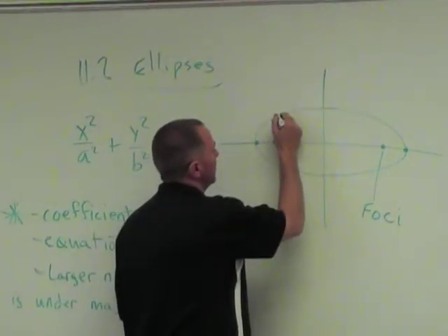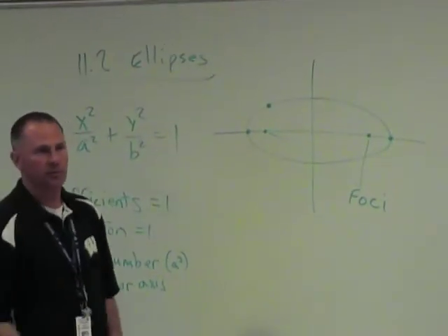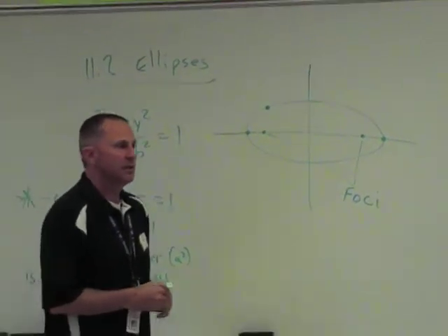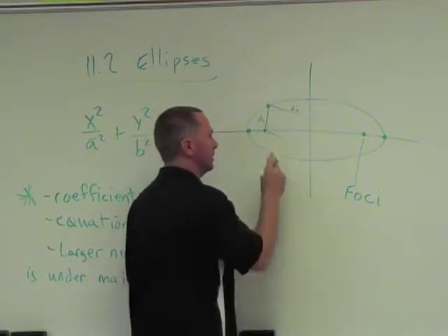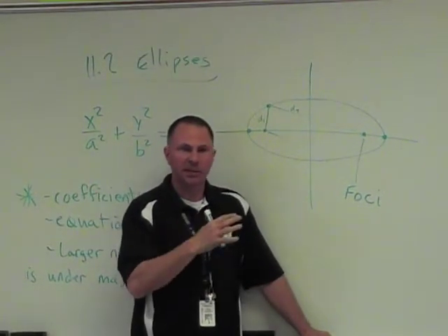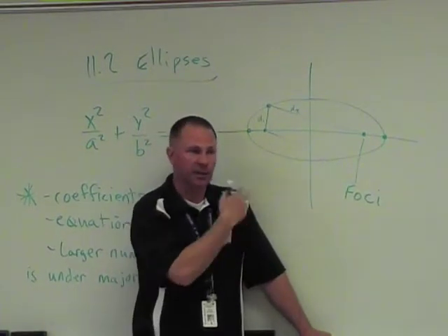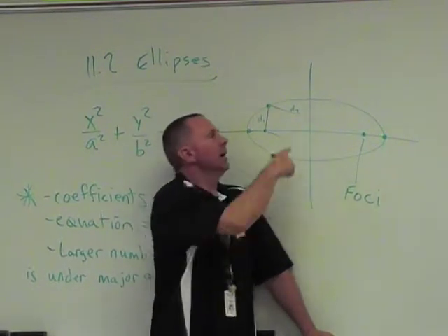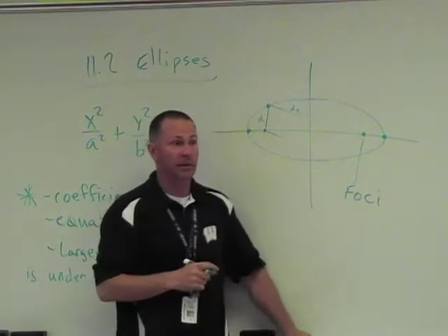For any point on the ellipse, the sum of the distances from the focal points, d1 and d2, is constant no matter what point you choose. We're not going to deal with these sums today, but that's how an ellipse is made. As you move around, these two distances change, but when you add them together, they are exactly the same.